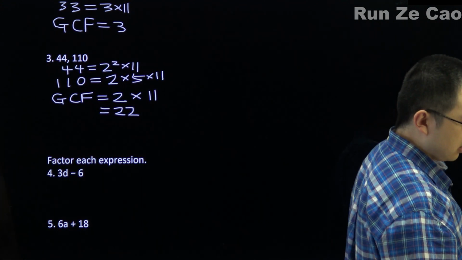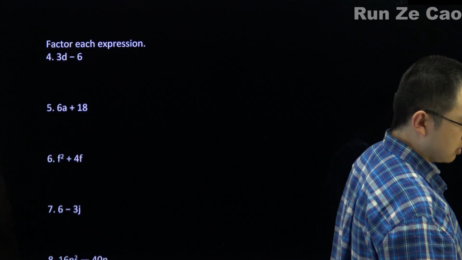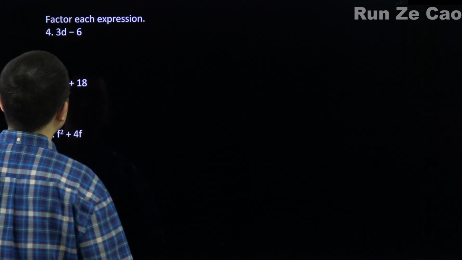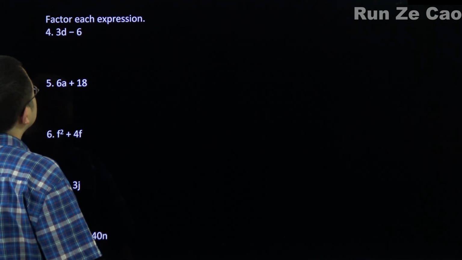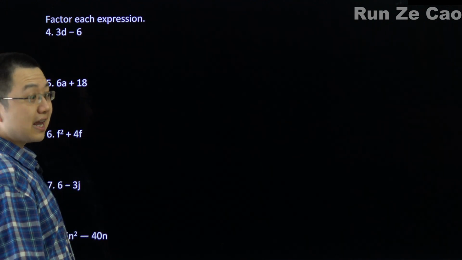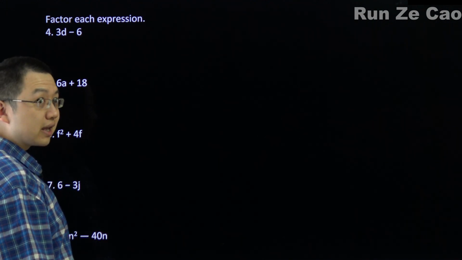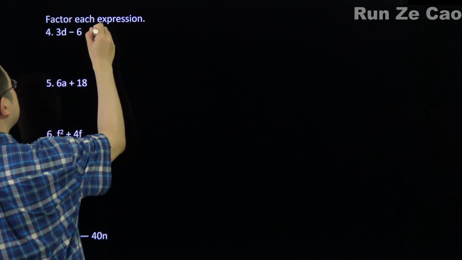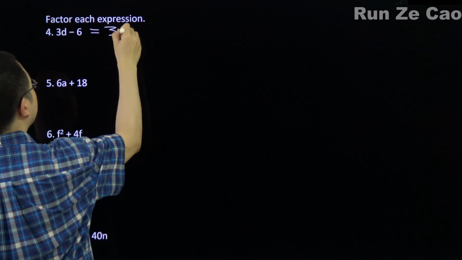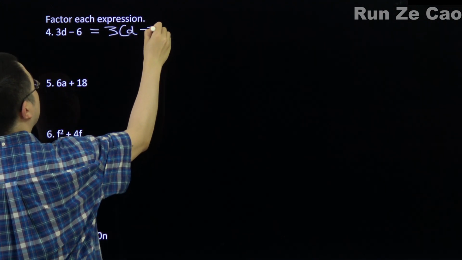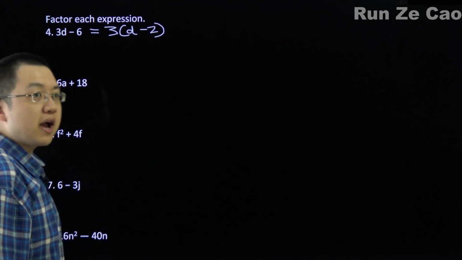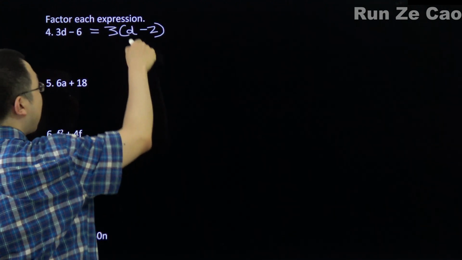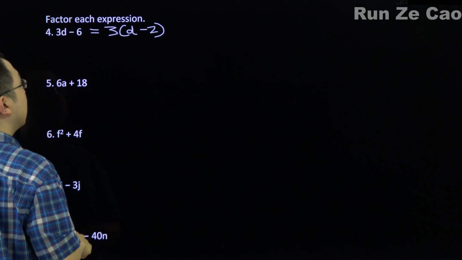Let's factor these expressions here. 3d minus 6. Well, 3d is a multiple of 3. And minus 6, well, that's also a multiple of 3. So this is distributive property in reverse. We know that by distributive property, we can open up the bracket and multiply the 3 into each item.